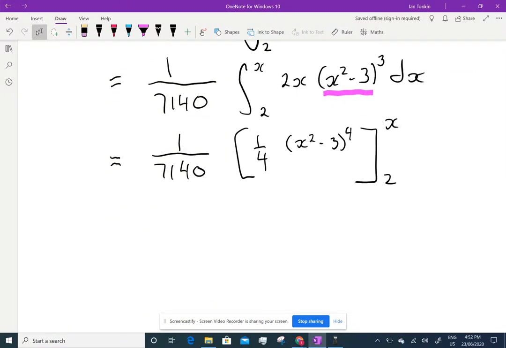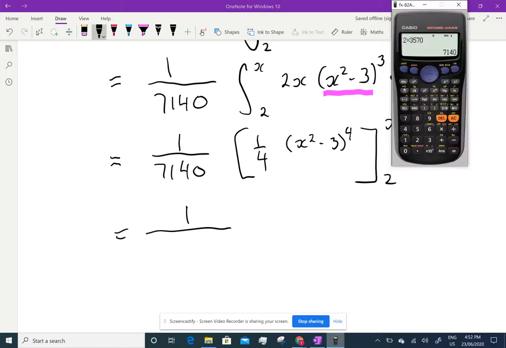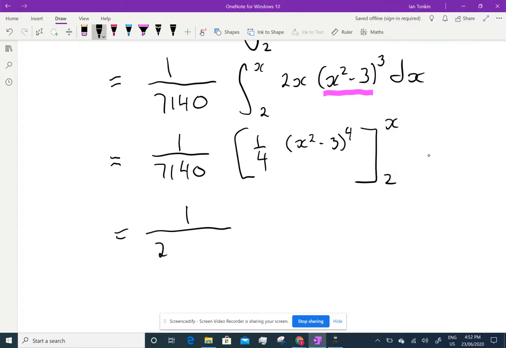When I take that quarter out, I'm going to get a really big number here, but that's okay. I'm not fussed about that. So I'm going to get 1 on 4 times that, times 4, 28560, and I've got x squared minus 3 to the 4 between x and 2. Now, all I've got to do is sub the values in.